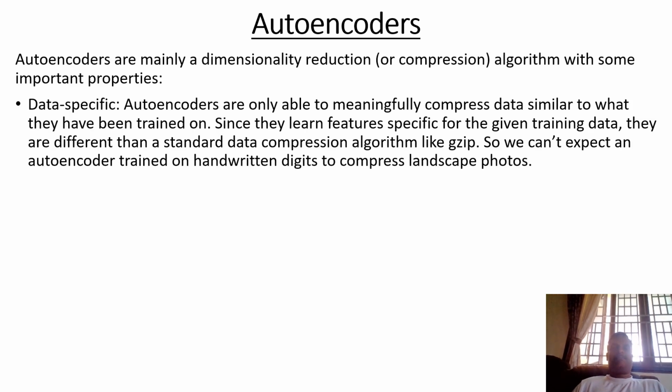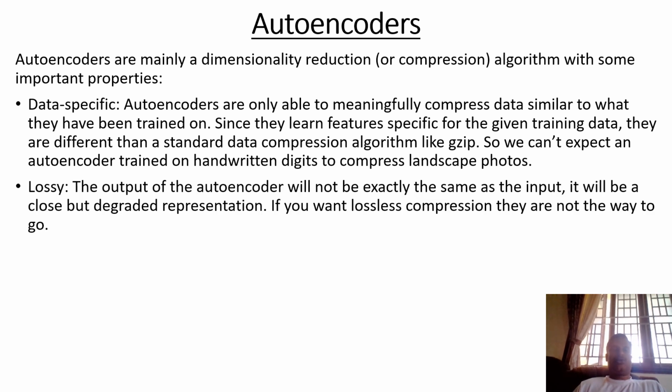So these are some of the properties of autoencoders. They are data specific. That means if you train on a specific data, then only that data can be compressed or reduced using autoencoders. Again, it is going to be mostly lossy because there may be some loss of information.